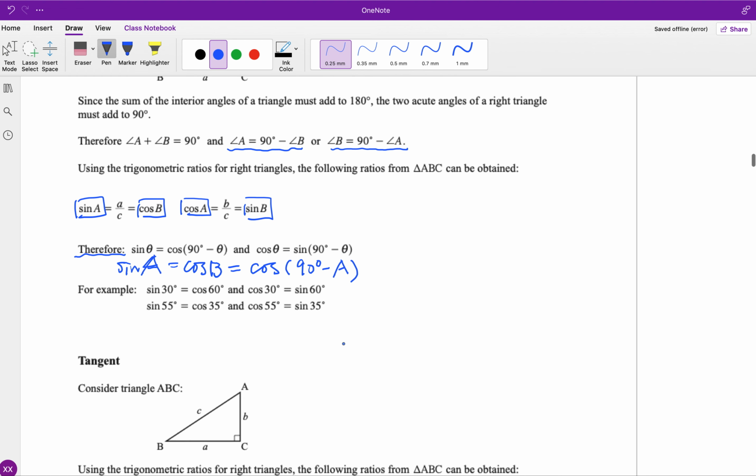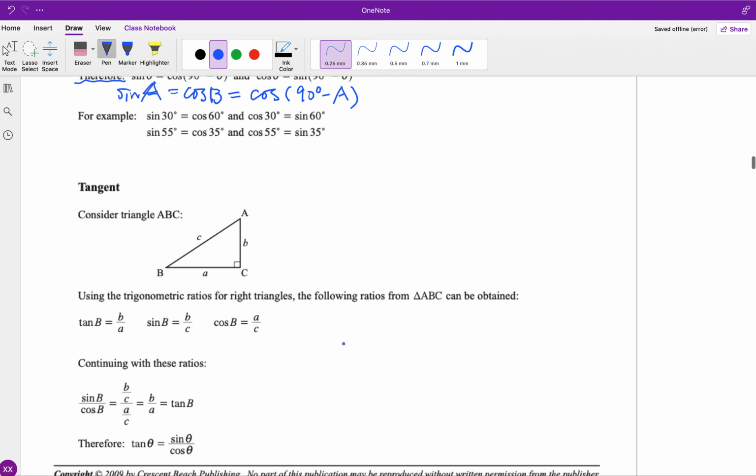Okay. Now let's take a look at tangent. What's the relationship between tangent and sine and cosine? Tangent, if we use the angle B here, is opposite over adjacent, so that is b over a.